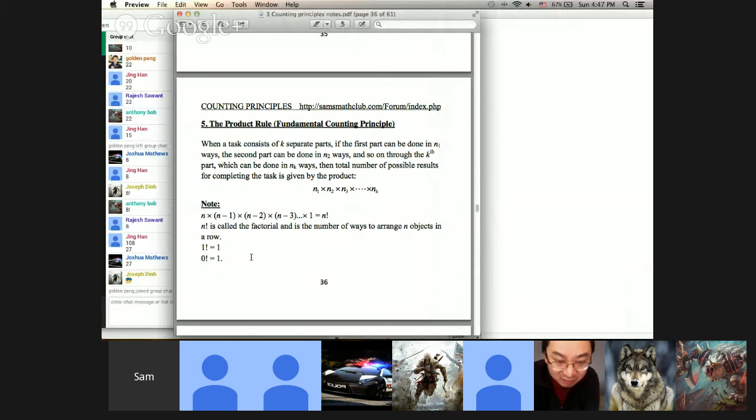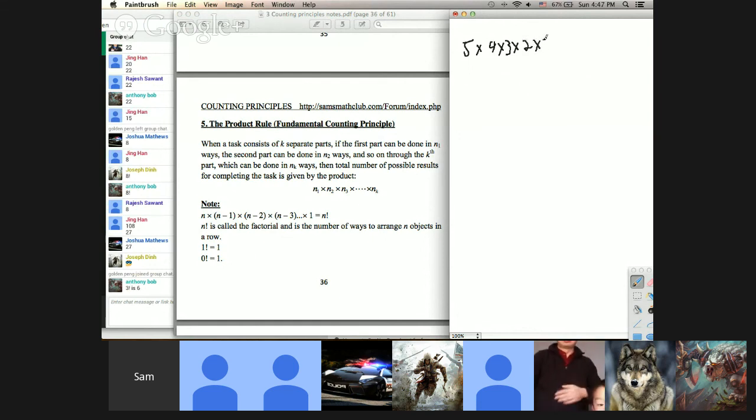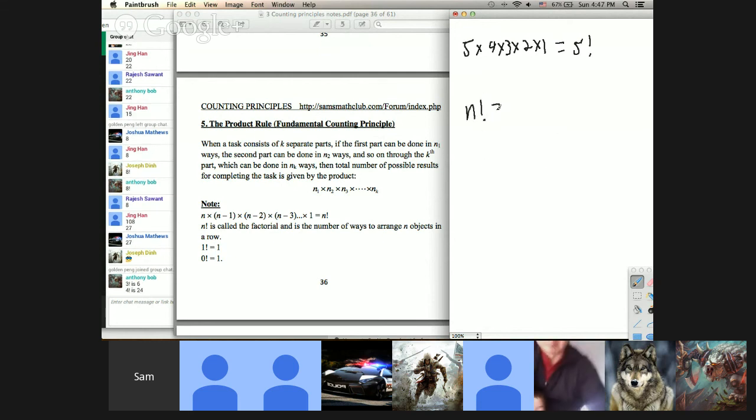And one little note: if you take something like 5 times 4 times 3 times 2 times 1, this can also be written as 5 factorial. So basically, n factorial is equal to n times n minus 1 times n minus 2, and so on, until you have 1.